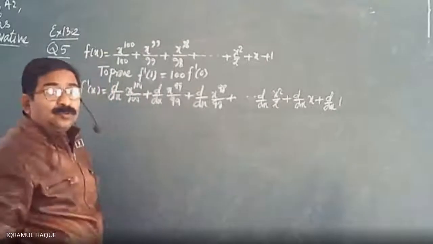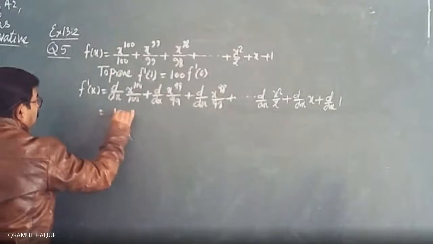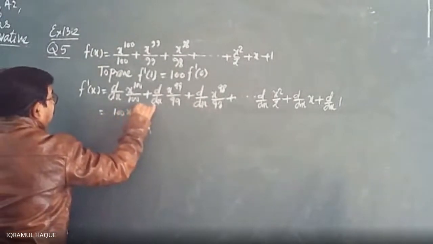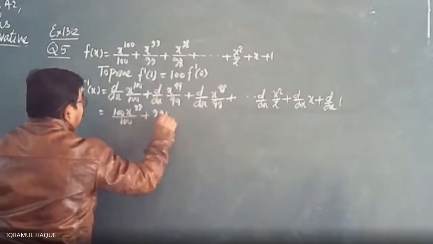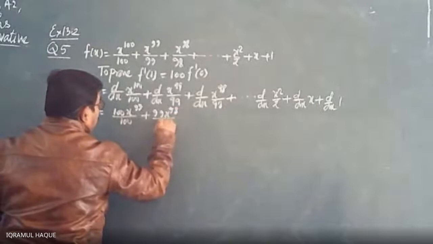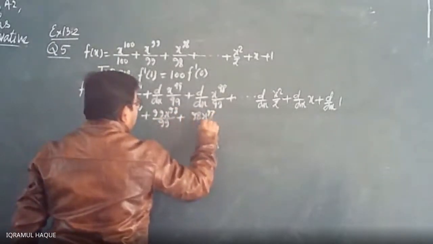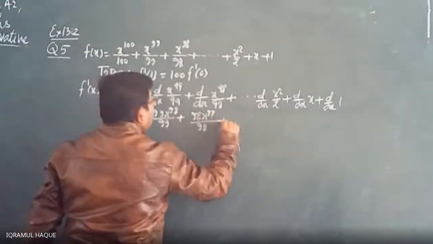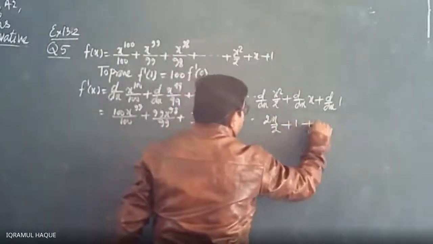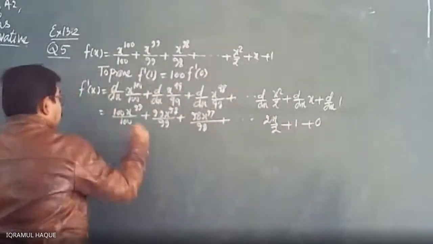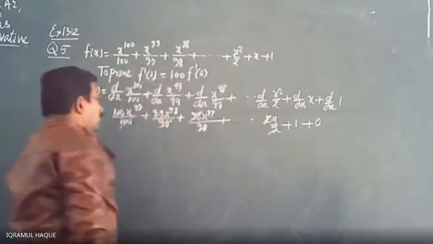So according to the rule, this 100 comes first. So we have 100x to the power 99 upon 100 plus 99x to the power 98 upon 99 plus 98x to the power 97 upon 98 plus so on, 2x upon 2 plus 1 plus 0. This all will cancel like this. So this is f dash x.